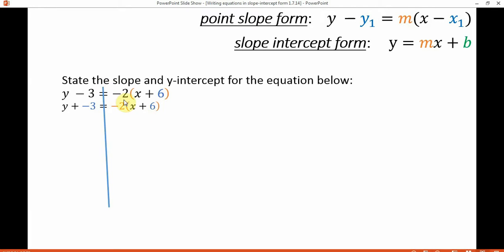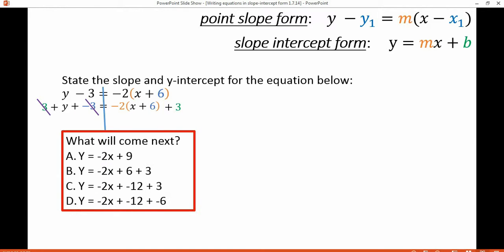I can just say equals -2. Whereas over here I have y minus 3, so I change it to y plus -3. All right, so let's get rid of this -3, and to get rid of -3 being added to my y, add 3 to both sides. They cancel. All right, what's going to come next?